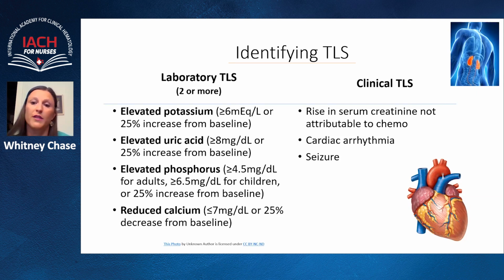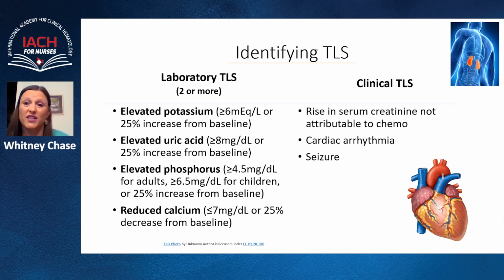So calcium drops as a result of being bound to the phosphate complexes, which can cause hypotension, tetany, muscle cramps, cardiac arrhythmias. An international expert panel in 2010, which included Cairo, actually did not include low calcium in the criteria for diagnosing TLS, as it's not always felt to clearly be a consequence of the TLS.